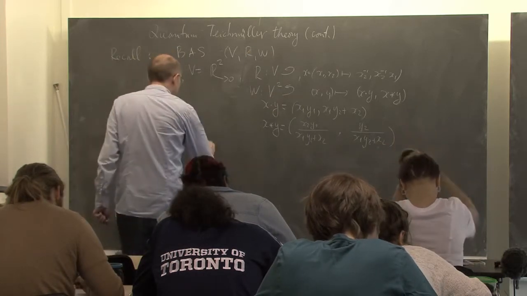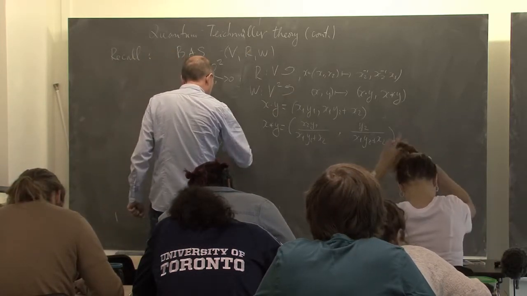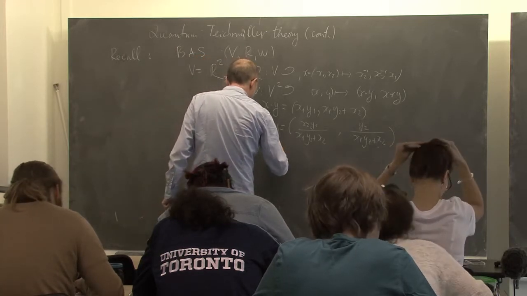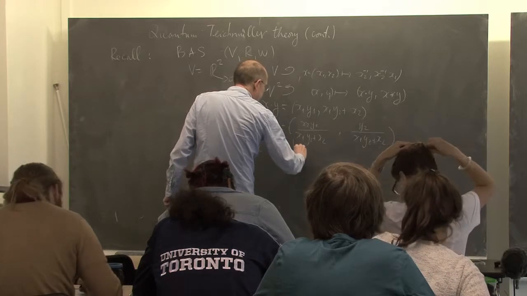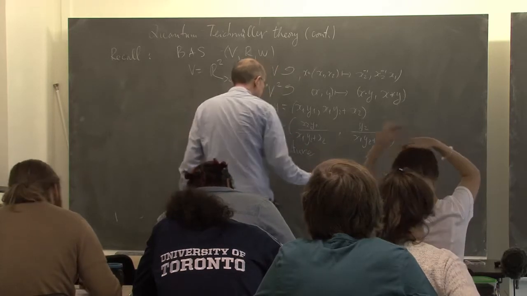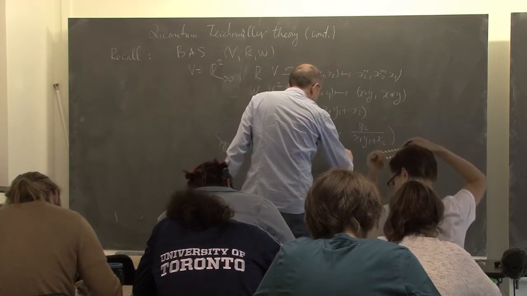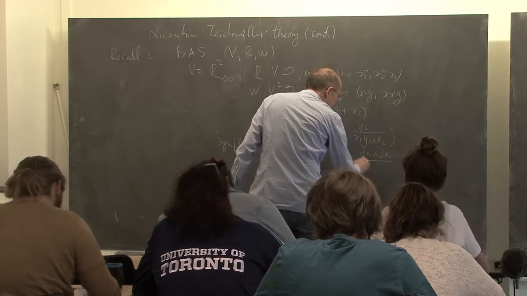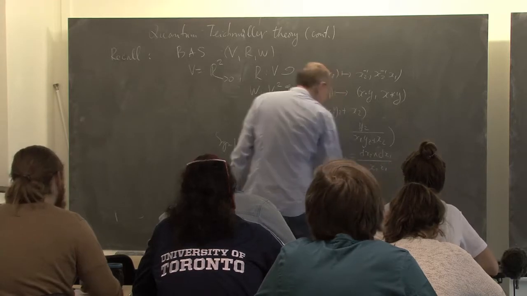And we have a symplectic structure which is preserved by these operations. So omega V is dx2 wedge dx1 divided by x2 x1.